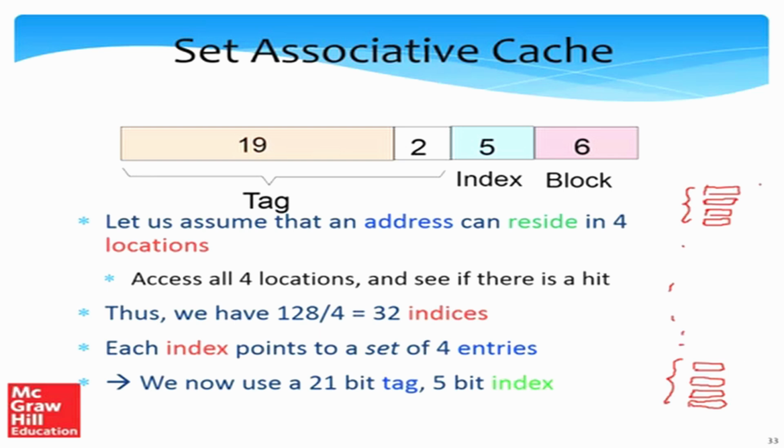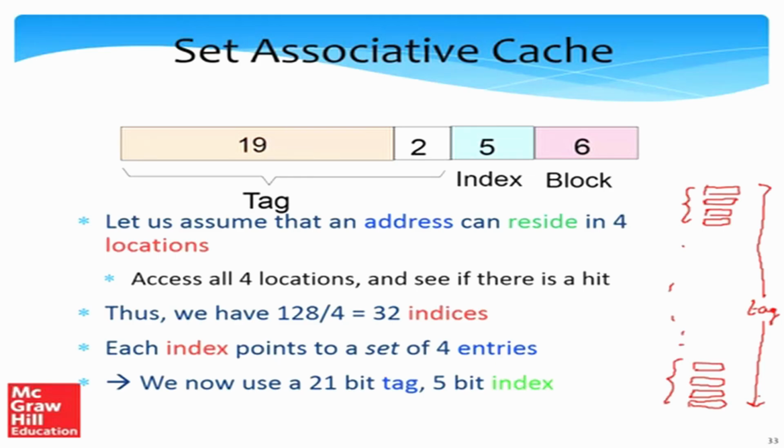If this is the tag array, the data array remains exactly the same. There is no difference. The data array remains the same in all the caches, more or less, in direct mapped, set associative, and fully associative.